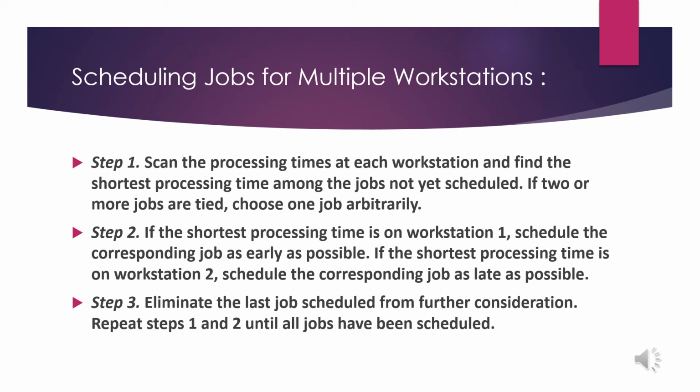Number one, the group of jobs can be completed in the minimum possible time, and the utilization of the two station flow is maximized. Utilizing the first workstation continuously until it processes the last job also minimizes the idle time on the second workstation.